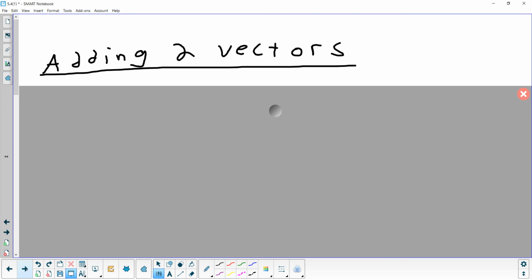All right, so we're going to look today at 2 basic operations that we can do with vectors, which is adding them together. Now, I want you to think of vectors for a second as a force. So let's say I had a box right there.